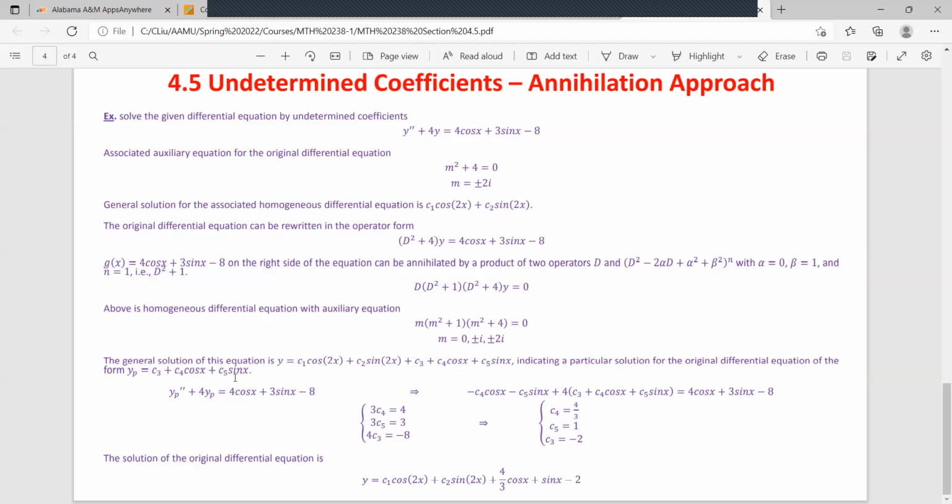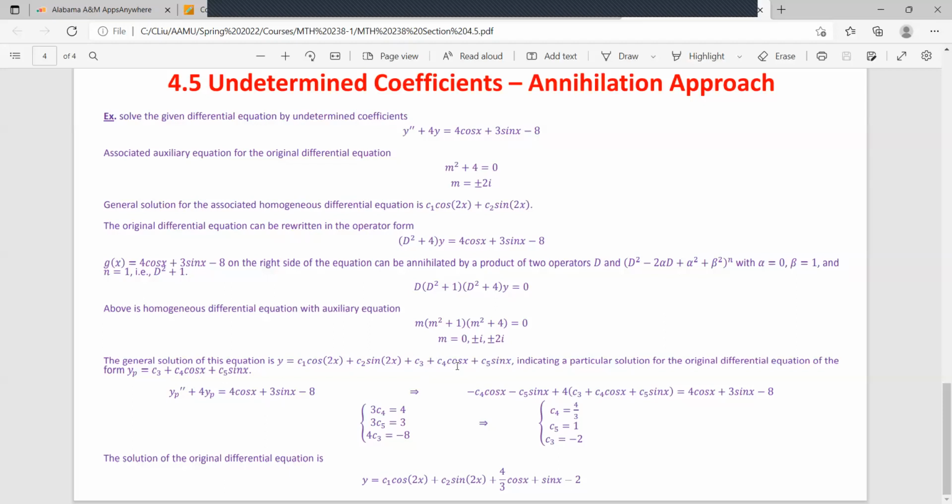What you do now is plug this particular solution into the original differential equation and solve for C3, C4, and C5. So you can actually solve the whole equation in this way, with the annihilation approach, but you still have to distinguish the part from the associated homogeneous equation and the part from the particular solution.